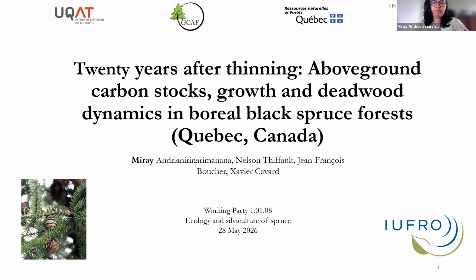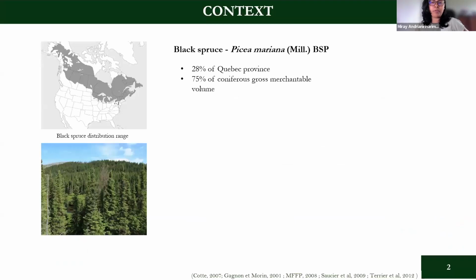First, I'm going to introduce the black spruce. It is a North American boreal species with most of its distribution occurring in Canada. It's a very important species in Quebec, as it covers around 28% of the province, I mean black spruce forest alone or with other species.